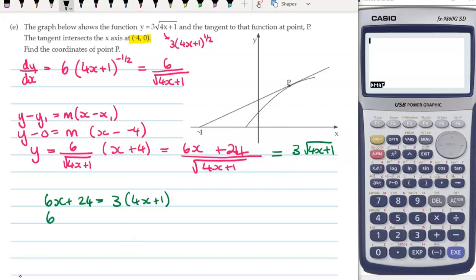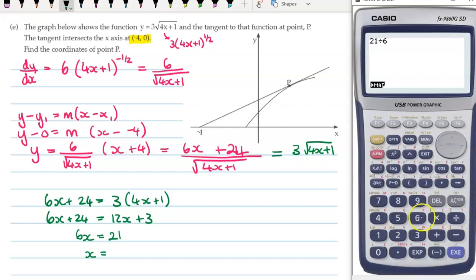So we have 6x plus 24 is equal to 12x plus 3. So 6x is 21. X will be 21 divided by 6, which is 3.5. So that gives us the x coordinate here is 3.5 for P.